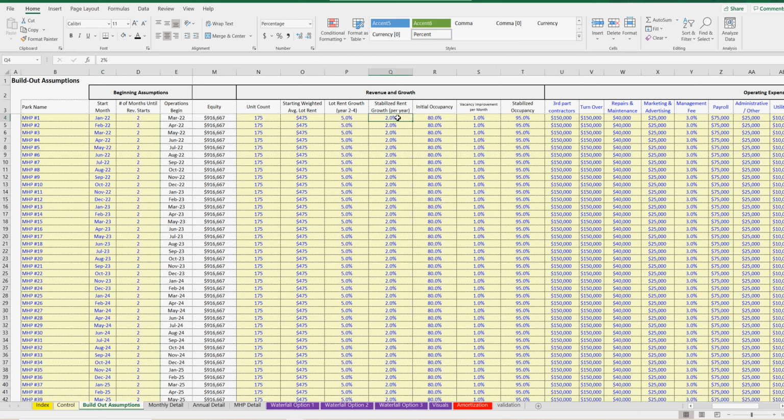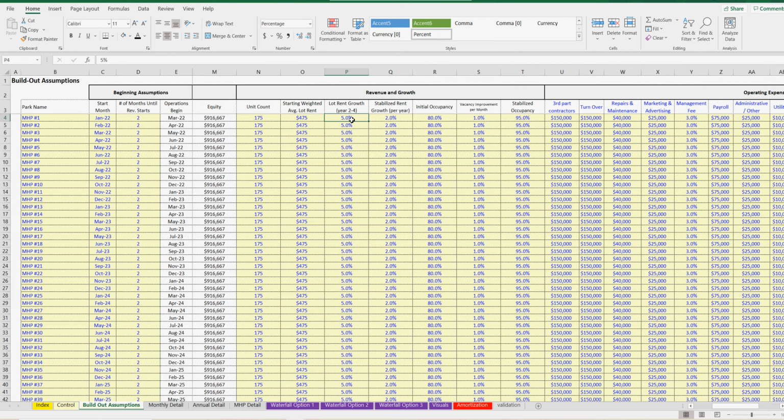So whenever year five hits for a property, it's then going to stabilize and go to a new rate. The reason I set this flexibility up is because oftentimes a developer or a strategy group is going to buy a park or some parks, put in upgrades, and then over the first few years they're going to raise the rent at a higher rate, and then that'll likely stabilize over the longer term.